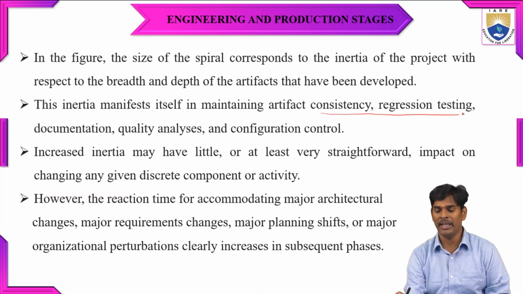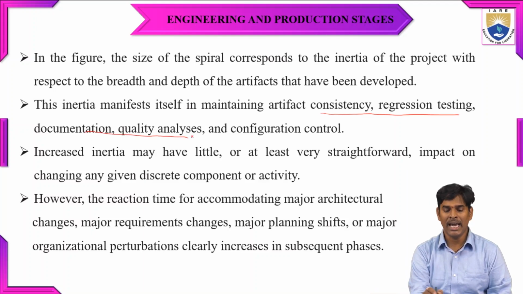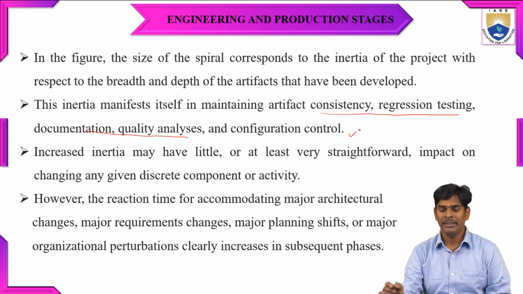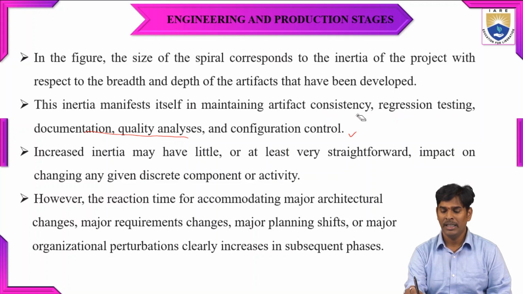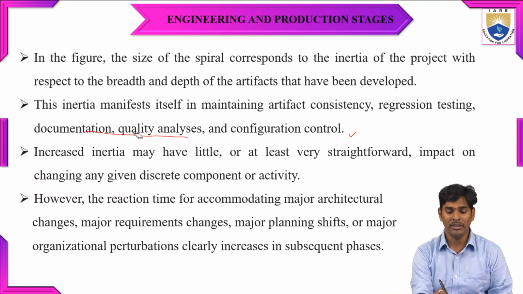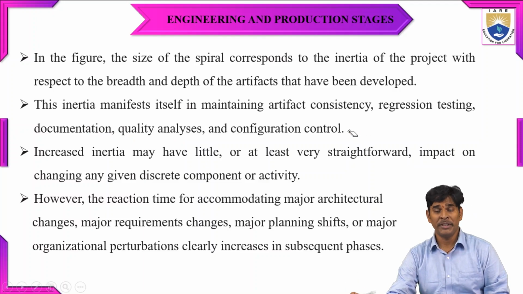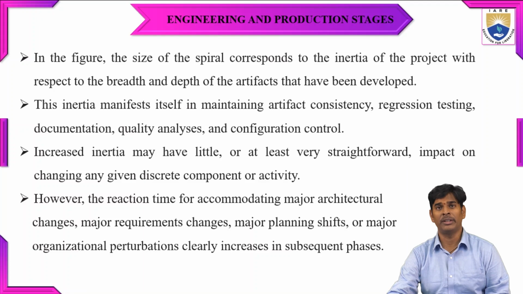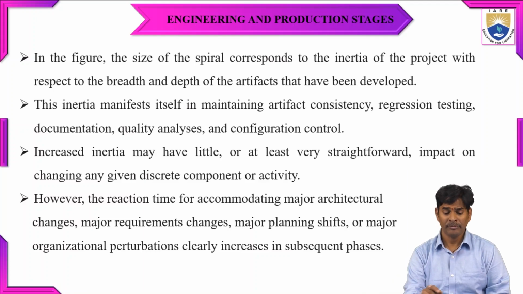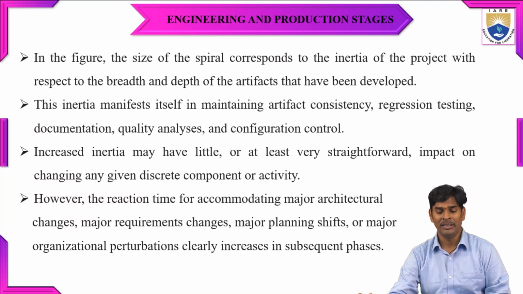They need to maintain the consistency and regression testing, the documentation and quality analysis, and finally the configuration control. So these four must maintain the consistency, and mainly they need to check the documentation. Documentation is very important when they're doing software projects, and quality plays a very crucial role here, and they need to maintain the quality of the product.